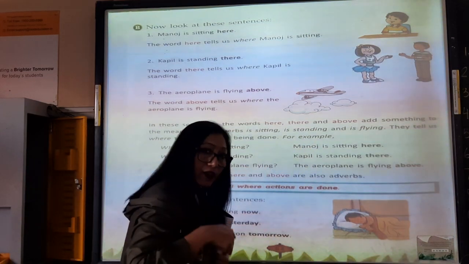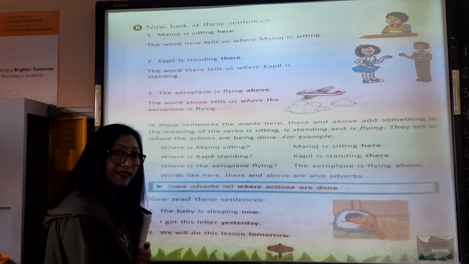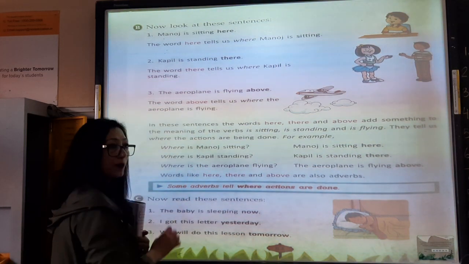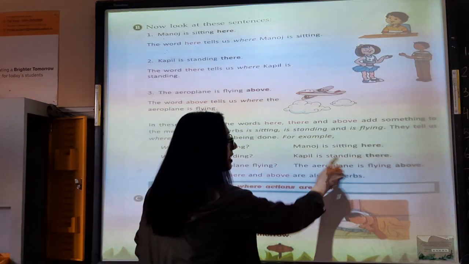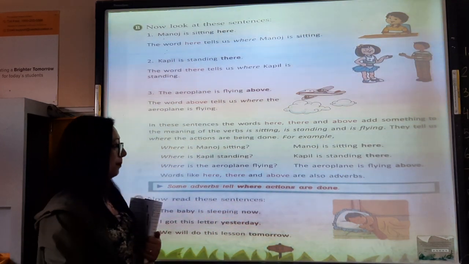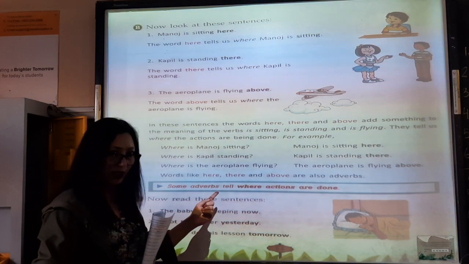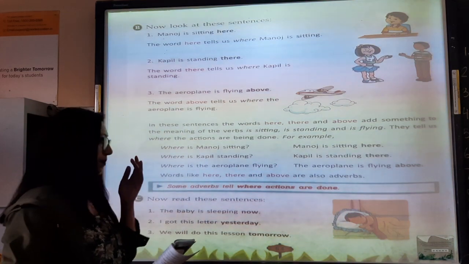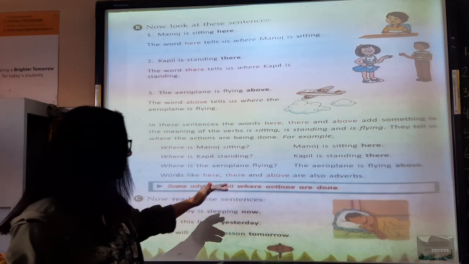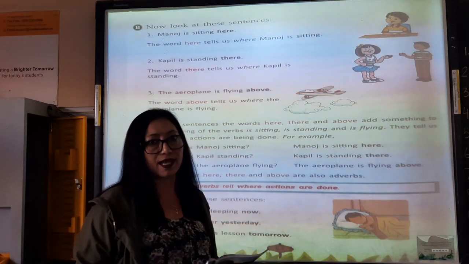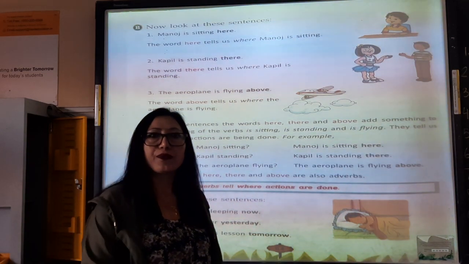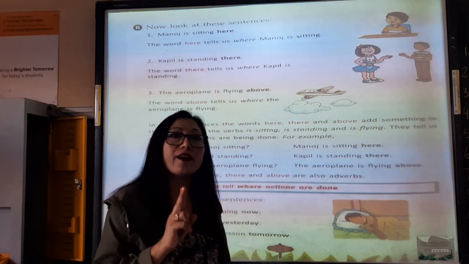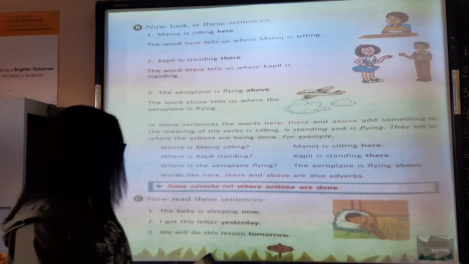Manoj is sitting here. Where is Kapil standing? Kapil is standing there. Where is the aeroplane flying? The aeroplane is flying above. Words like here, there and above are also adverbs. Some adverbs tell us where actions are done. So, the first one is how actions are done. The second one is where actions are done.